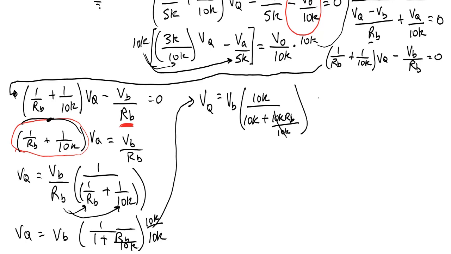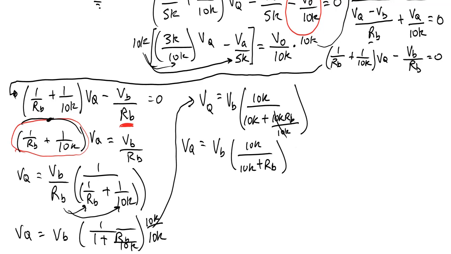So then we're left with VQ equals VB times 10k over 10k plus RB.